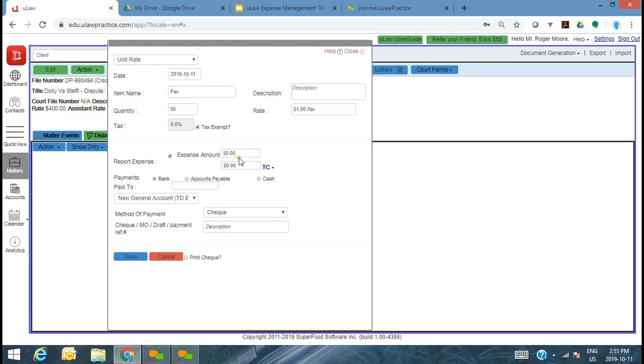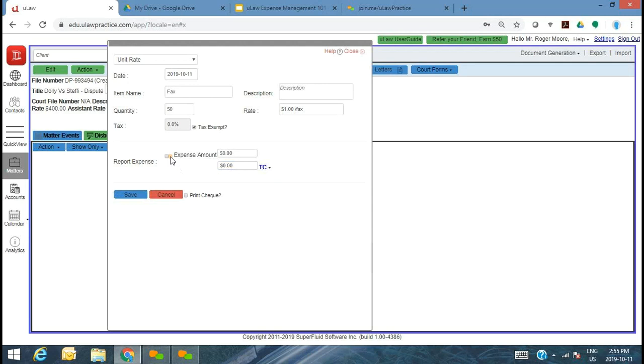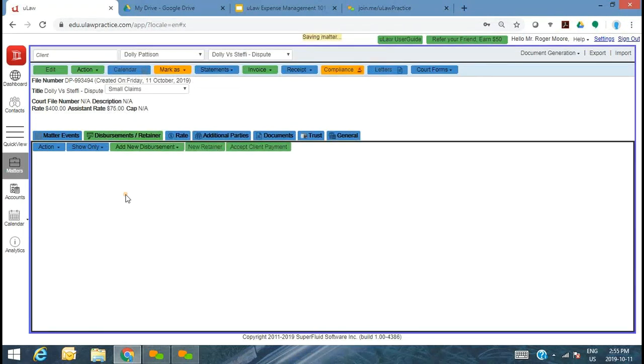That's your expense that you incurred as an office to facilitate that $50 disbursement. You can do that here as well. You can, in the same screen, capture that amount. So instead of $50, you actually paid $56.50. So of course, $6.50 is kind of your loss, right? But let's start off with not reporting any office expense towards that. It's just a disbursement. I hit save.